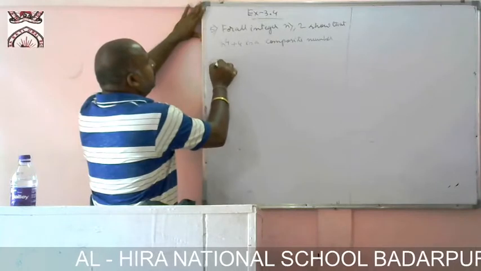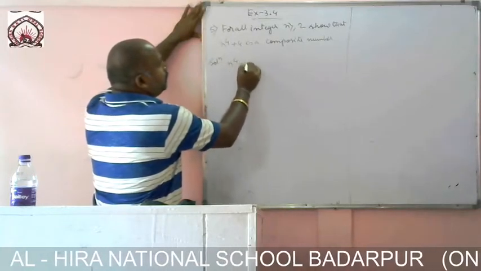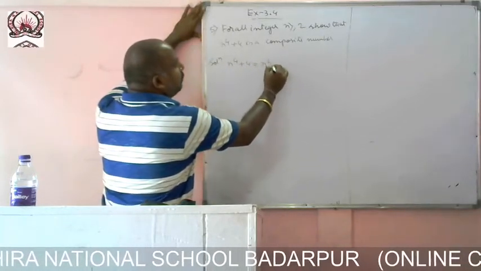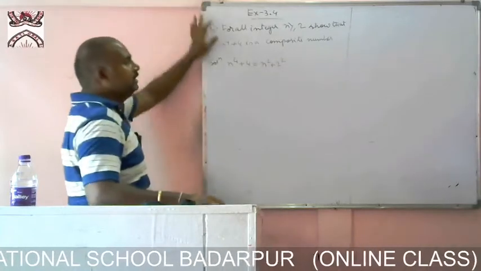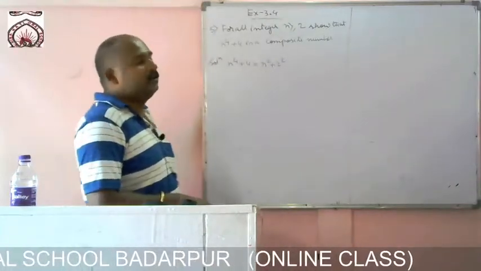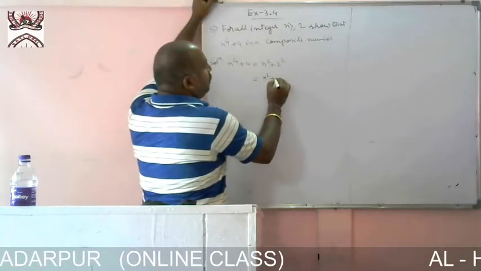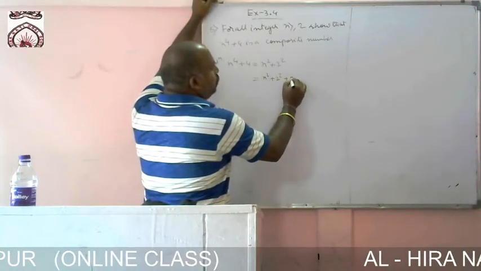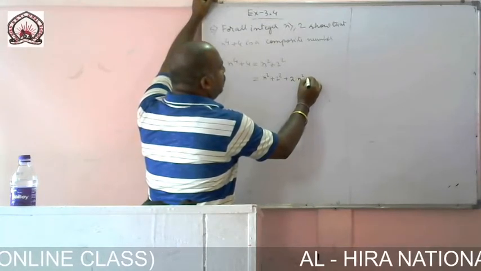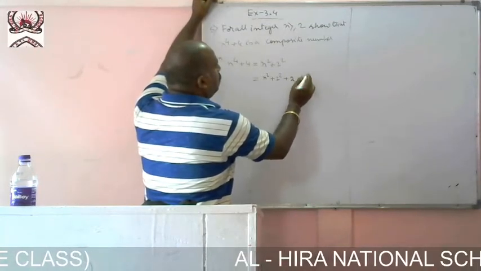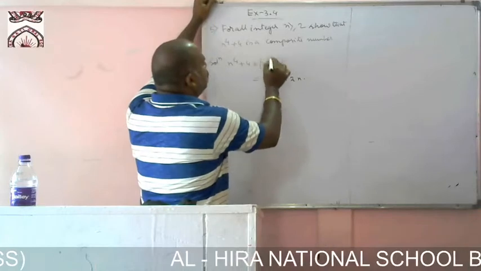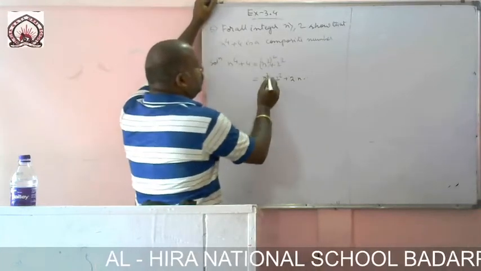So solution. Now n to the power 4 plus 4 equals n square whole square plus 2 square. This is a square plus b square. We can write n square plus 2 square plus 2 into n square into 2, whole thing square, minus the same term.